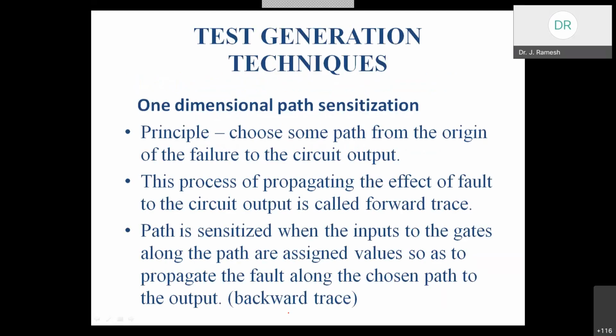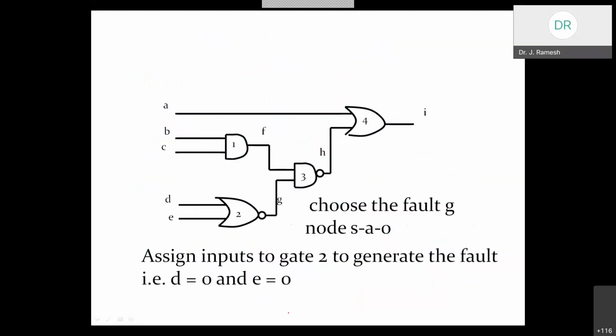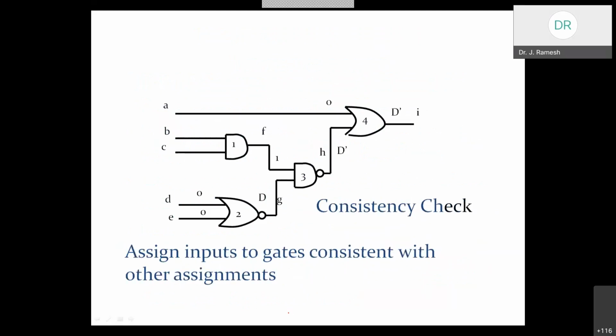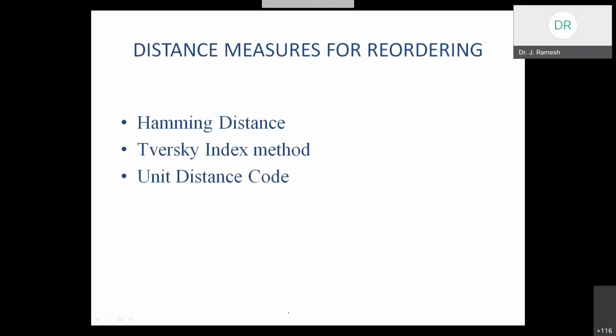I'll just move very fast. In the test generation technique, we have several techniques like path sensitization, Boolean difference method, D algorithm, and so on. We have n number of algorithms for test generation for any logic circuit. Here we have used the path sensitization method in order to generate the test vectors.